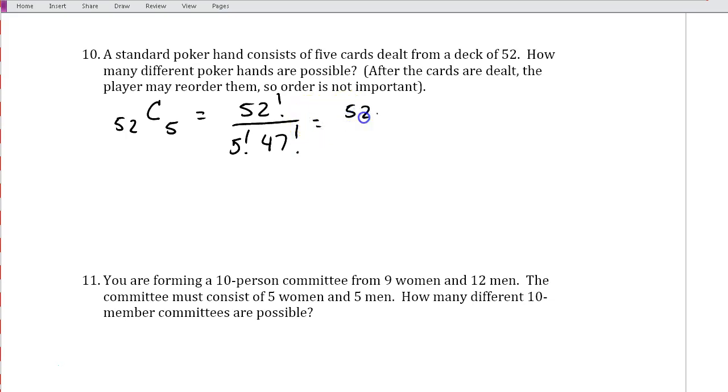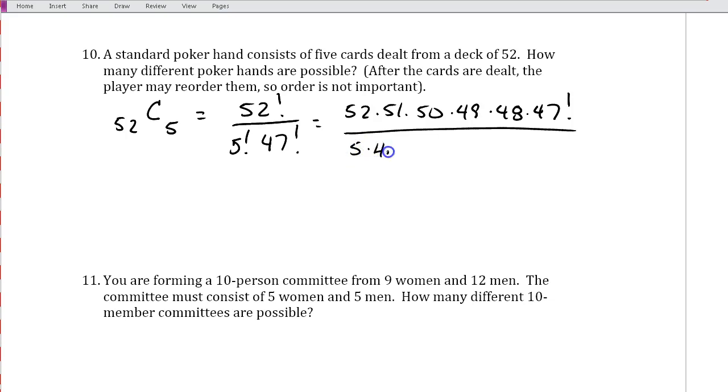So we have 52 times 51 times 50 times 49 times 48 times 47 factorial over 5 times 4 times 3 times 2 times 1 times 47 factorial.